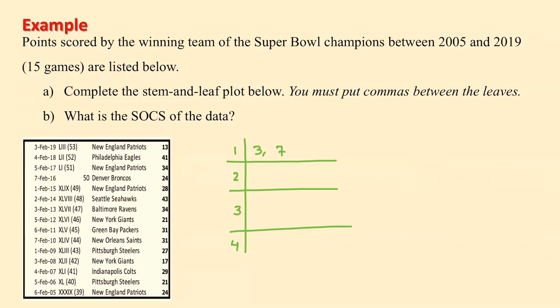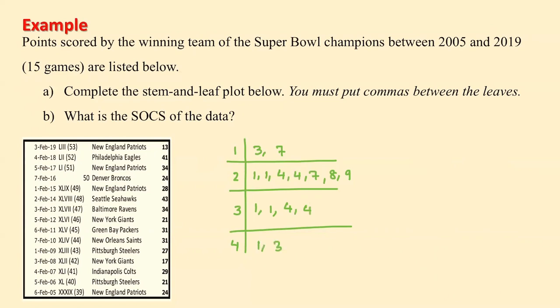So we have 21, 21, 24, 27, 28, and 29. Similarly, there is 31, 31, and 34, 34. And we have 41 and 43.